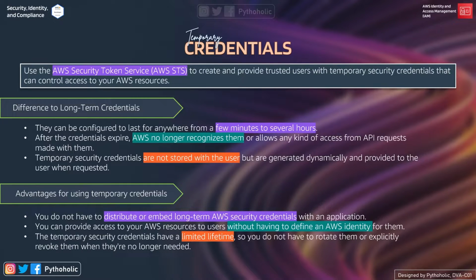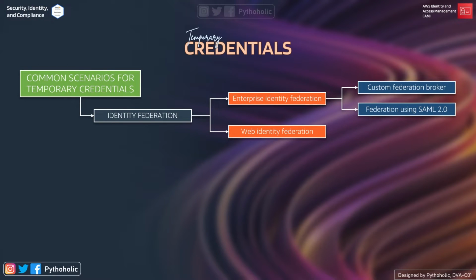So I hope you understand the point of having IAM users and federated users in terms of using AWS resources. We just discussed the use case where we made use of the Identity Federation service and its integration with AWS STS to allow access for the trusted users to execute operations on AWS resources, obviously using temporary credentials. As you can see, for Identity Federation, we have Enterprise Identity Federation, like we discussed for ADFS or IBM.